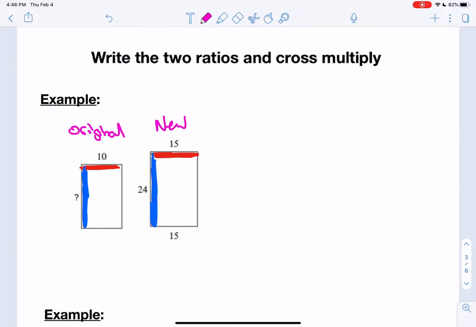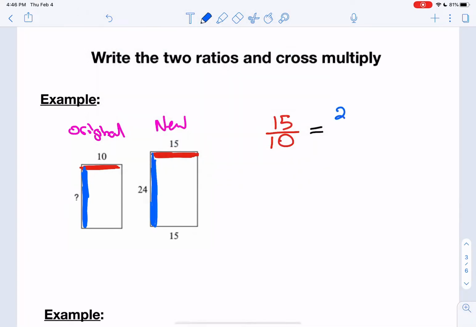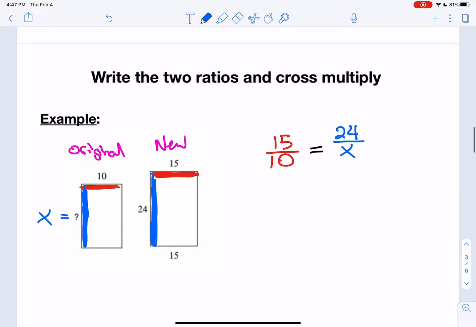So our ratios are going to be by sides. So 15 over 10 would be the ratio for the top length, and we could set that equal to the side lengths, which would be 24 for the new. Remember, new's always on top, and the original is x. This is going to be our x. So if we've forgotten, don't forget, scale factor equals new over original.